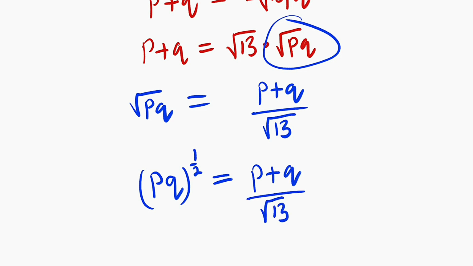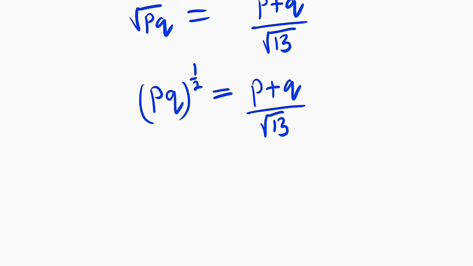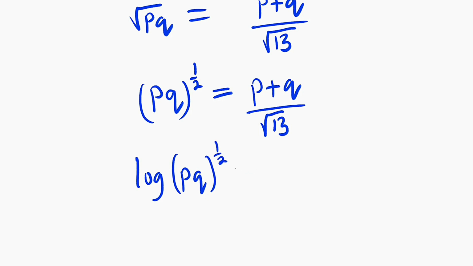All right, now what we need to do is to introduce logarithm to both sides. So we have log of the left-hand side, which is pq raised to the power of 1 over 2. This is equal to log of p plus q divided by root 13.